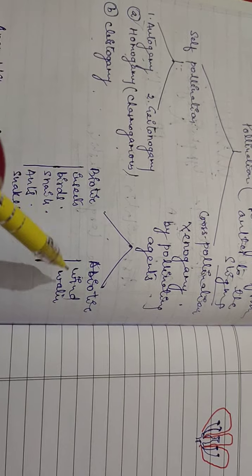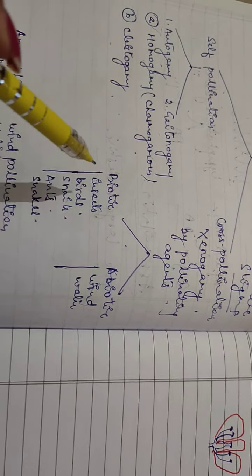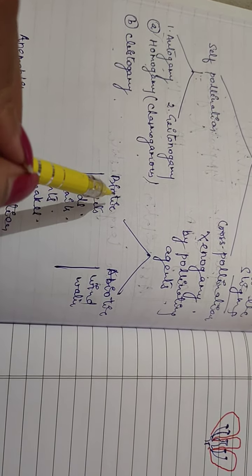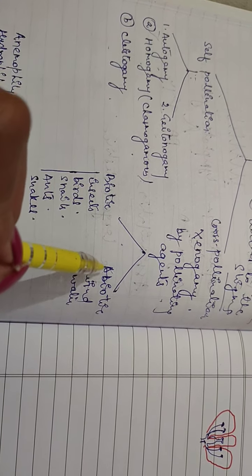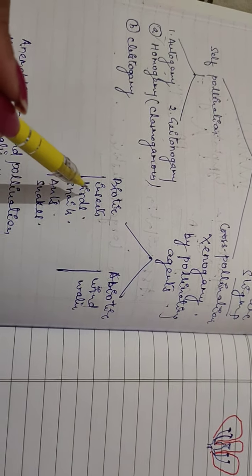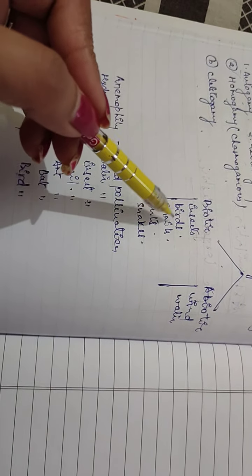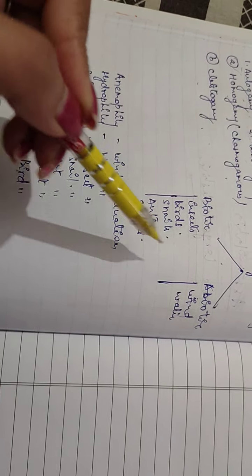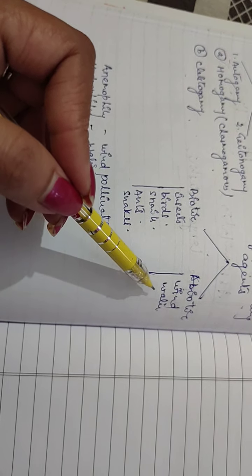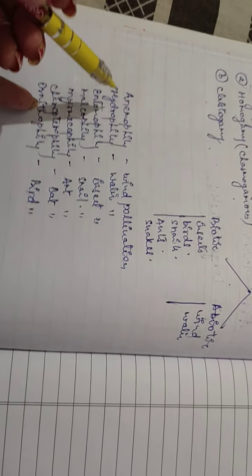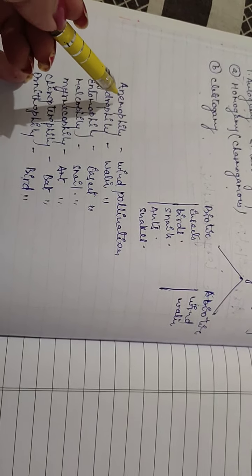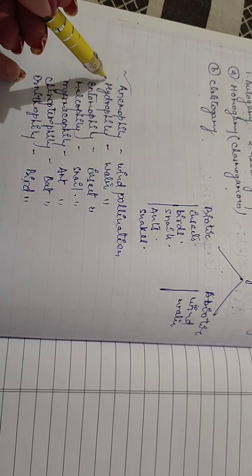Cross pollination occurs by different pollinating agents, and these may be biotic or abiotic components of the environment. You can see some insects, birds, snails, ants, snakes, and in abiotic, wind and water. When pollination occurs through wind, it is known as anemophily.